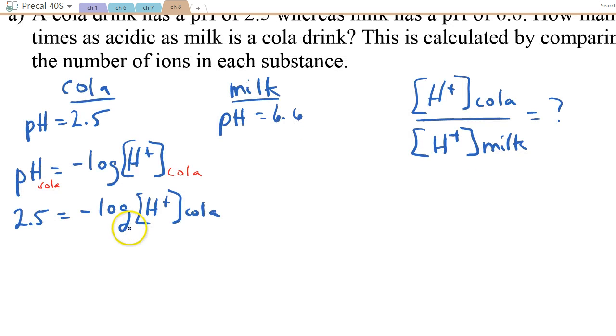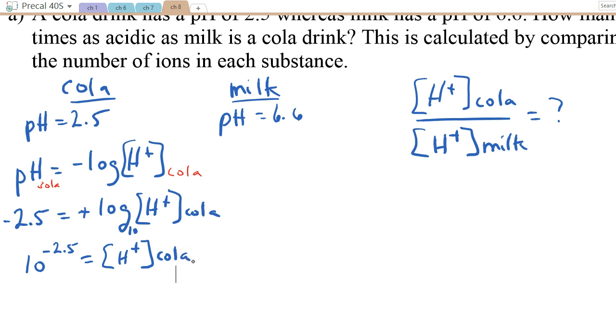Since there's no other base written, this means base 10. So before I do my exponent, I should multiply both sides by -1. So I'll put a negative here, and I'll make that positive. And now I'll change to exponential form. So 10 to the power of -2.5 is equal to the hydrogen ion concentration of cola.